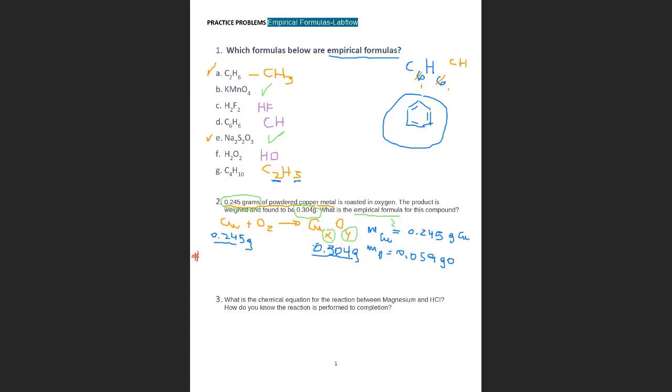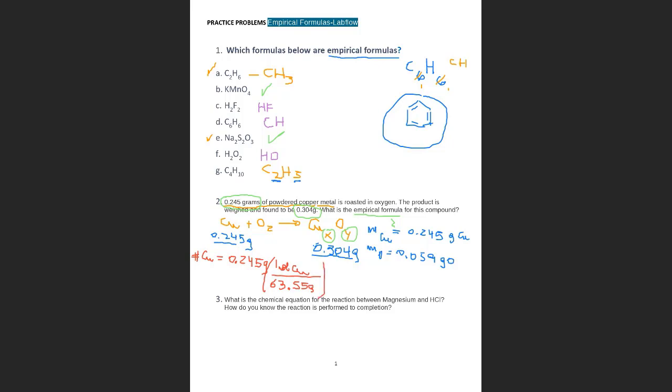So let's calculate the number of moles of copper. Well, we have the grams, 0.245 grams of copper. And we know that 1 mole of copper, because we go to the periodic table and look at the atomic weight, and we see that copper is 63.55 grams.